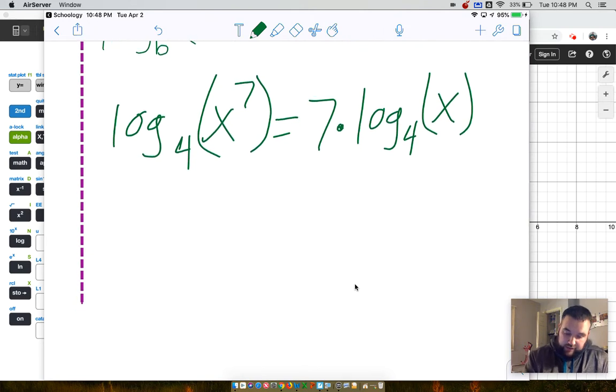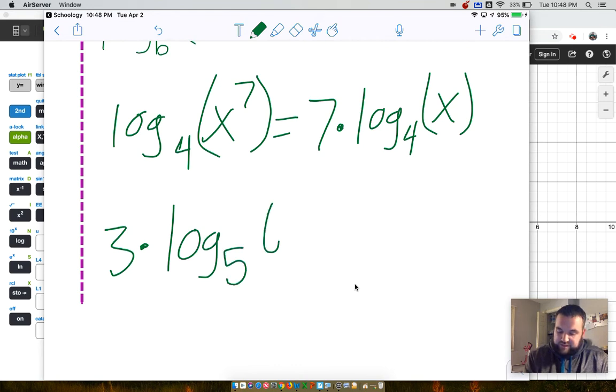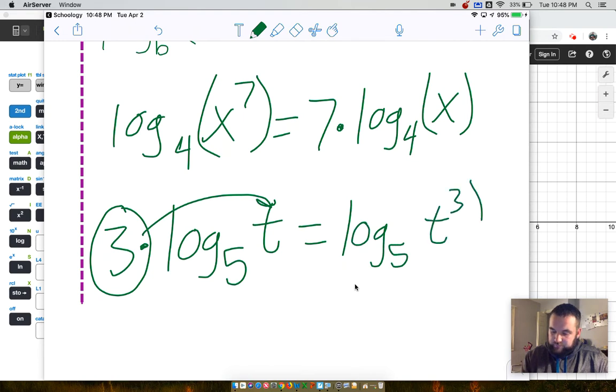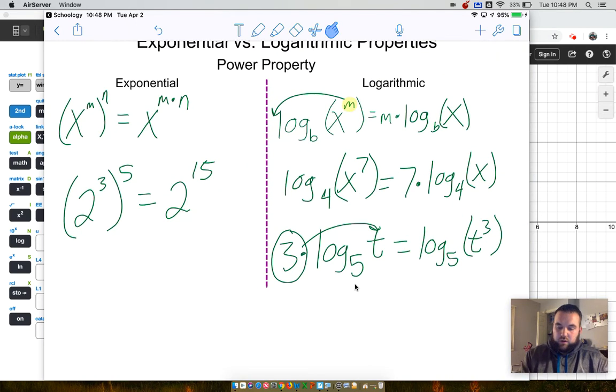If you have 3 times log base 5 of t, you could take that and move it up to the exponent of t and write it as log base 5 of t cubed. Now all of these different properties will be useful at different times, but those are the big three that we need to know.